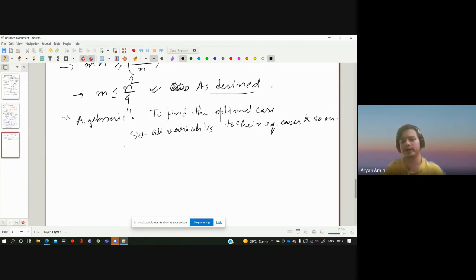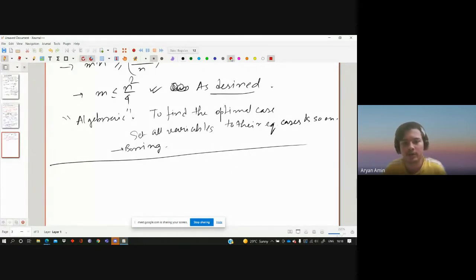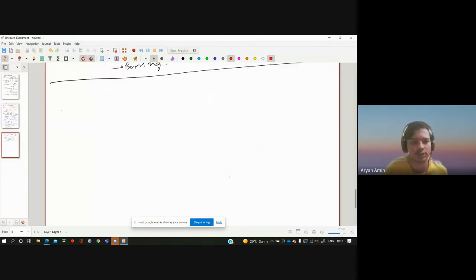So this is kind of boring. This proof doesn't give you a lot of insight into the equality structure. So we'll move on to a different proof, which is nicer in the sense that it will give us some idea about how the optimal case should look.